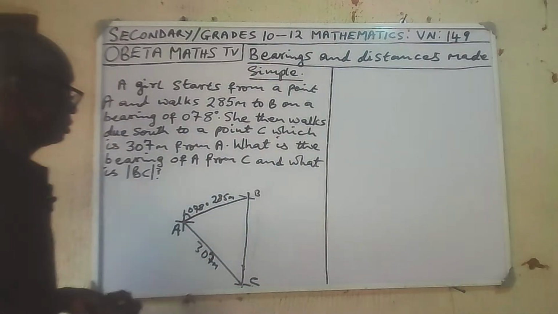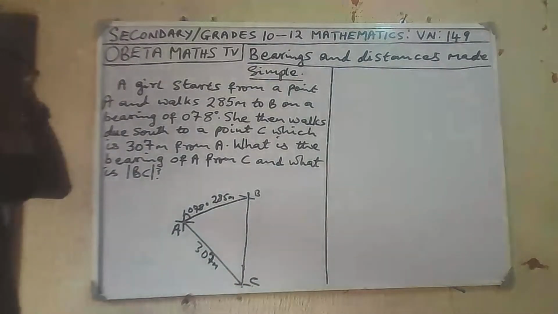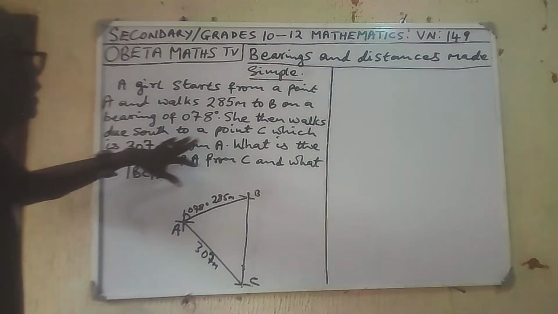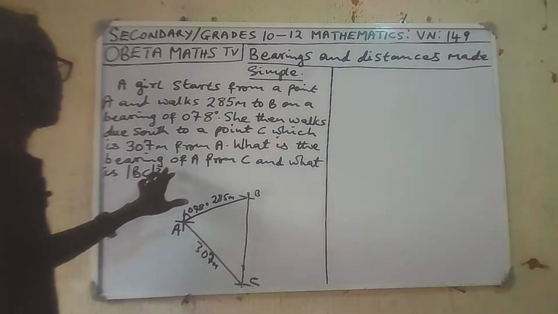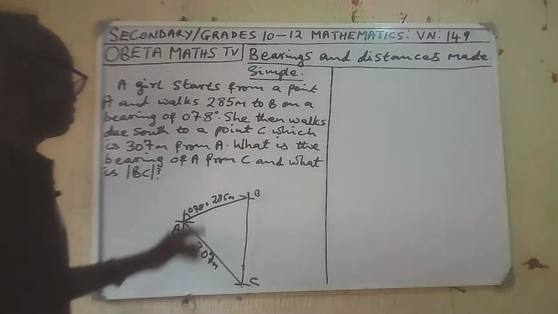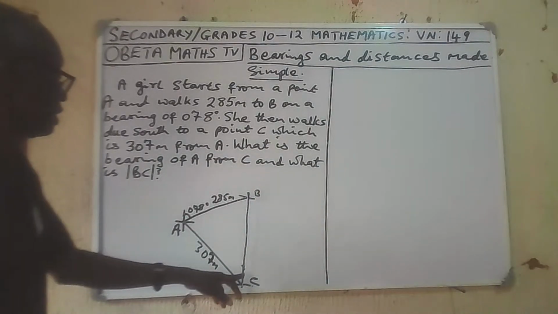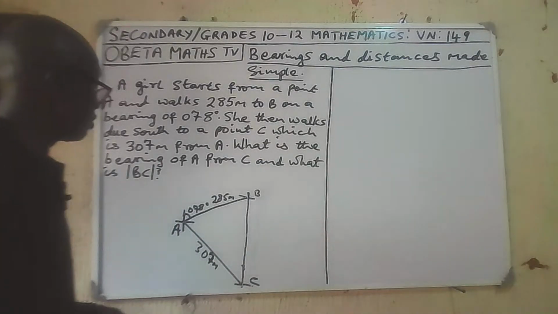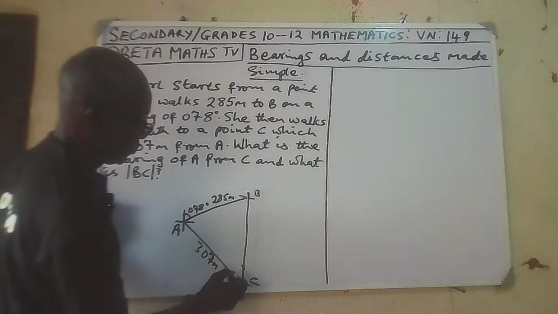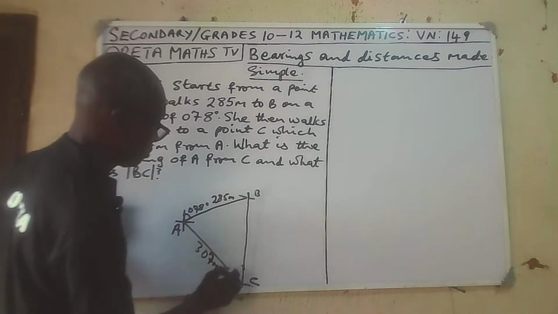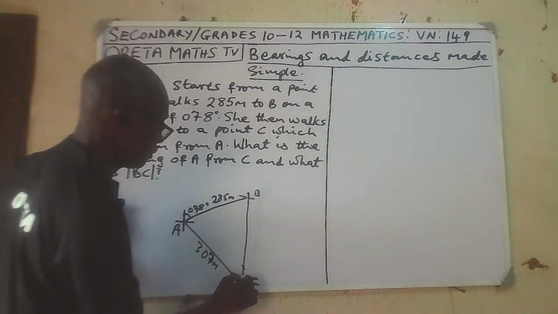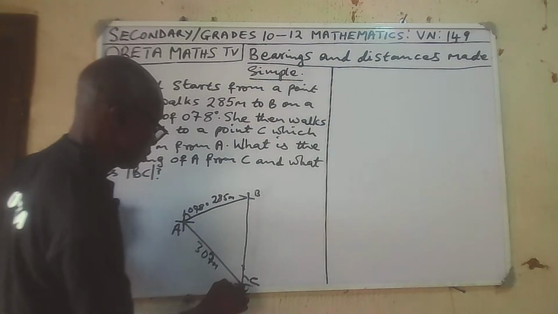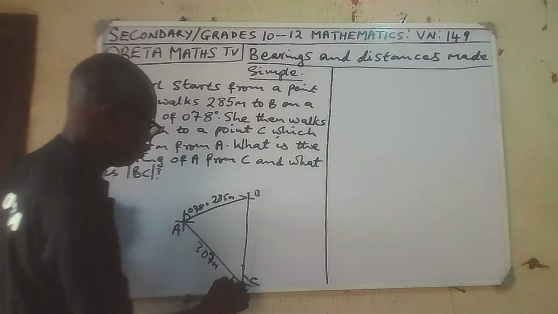Okay, now we have to find what is the bearing of A from C. The bearing of A from C should be, from here, you go round until you get to the line joining.